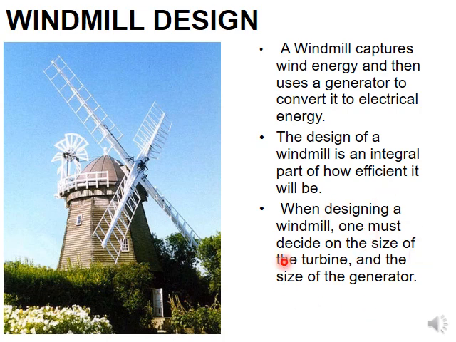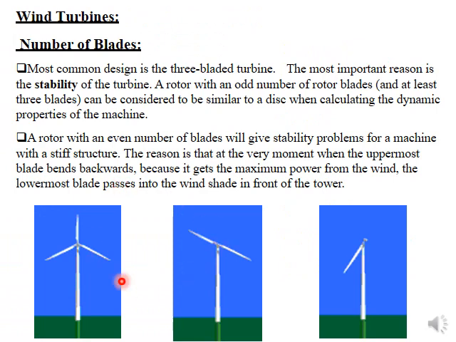all these designing parameters which a windmill designer has to decide, that is how much the size of turbine and the size of the generator. Now the wind turbine has a number of blades.